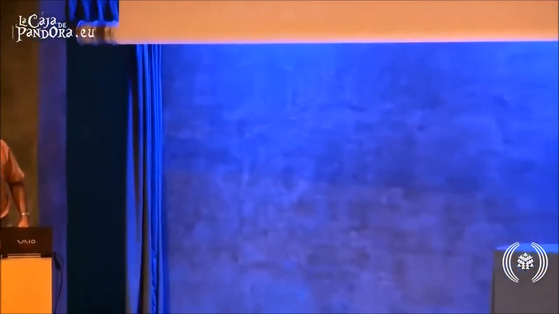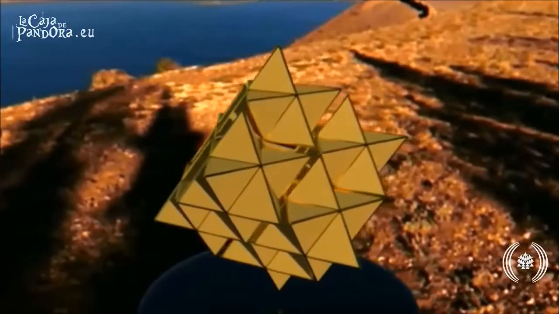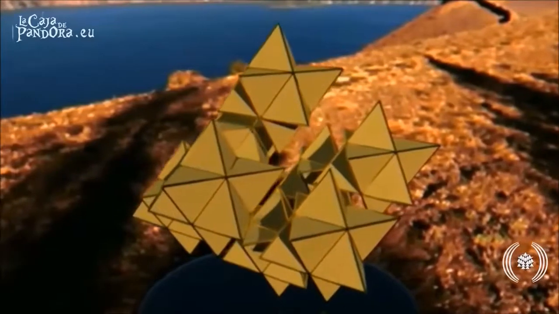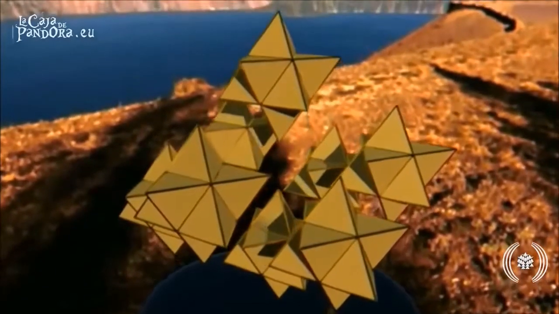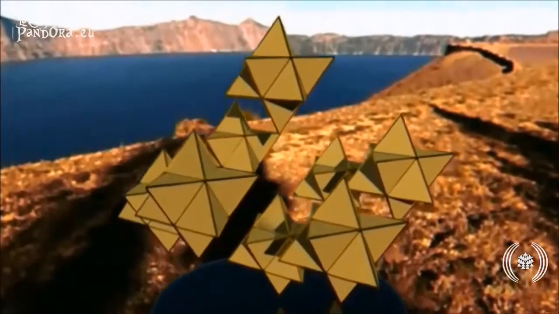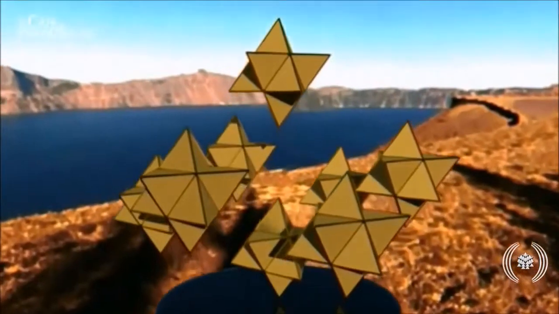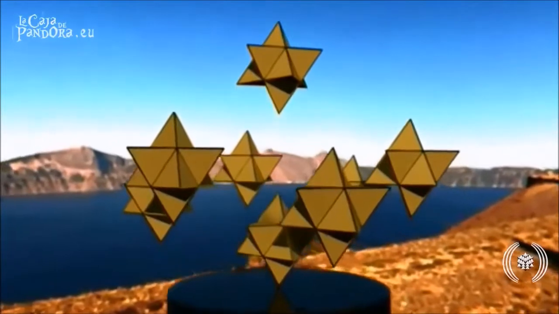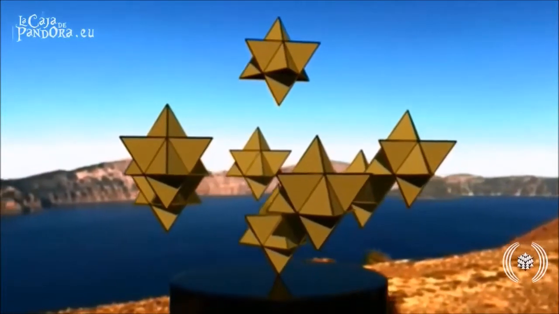You could build the metrical space a little bit different as well. You could think of it as 8-star tetrahedrons. You see? 8-star tetrahedrons made out of 8 tetrahedrons each that are coming together.